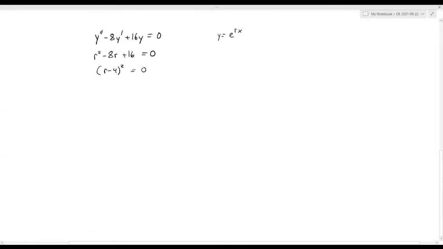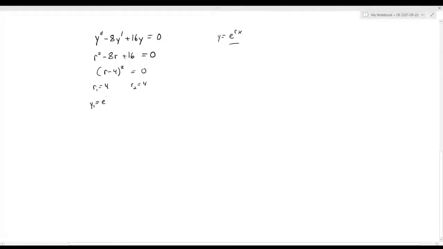So now we have that R1 is 4 and R2 is 4, right? It's like a repeated root, multiplicity 2. So if we were to write down the corresponding functions, we wouldn't have linear independence.